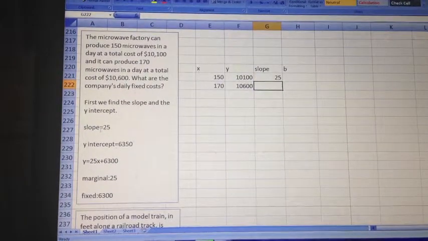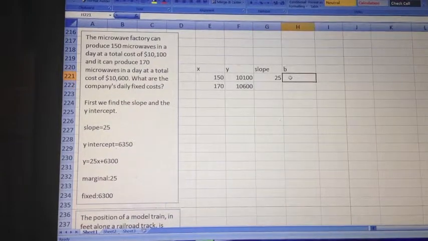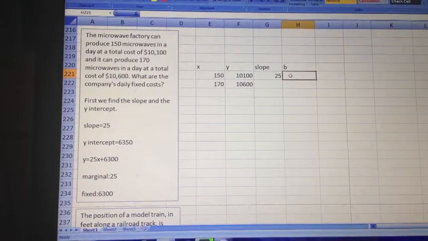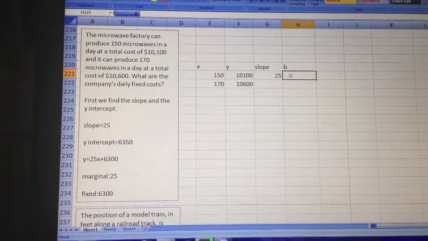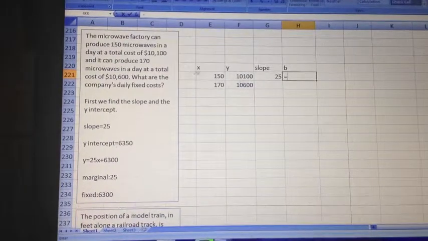And then we see that our slope is equal to 25. Then to find our y-intercept, we do the same equation that we've been using, which is b equals y1 minus m times x1. So we do equals 2. We pick any set of points. So we'll do the first one.